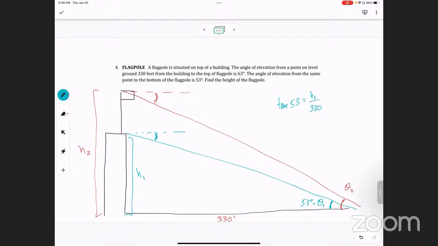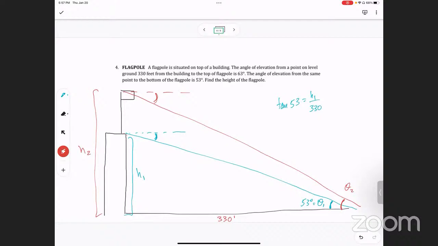I mean, they could have told you he measures the distance with a GPS device, like he could have given you this distance right here by using some sort of GPS device to find that actual distance away. And then maybe he knew how tall it was and wanted to know how far away it was. I don't know.